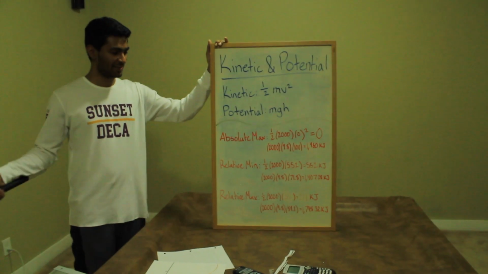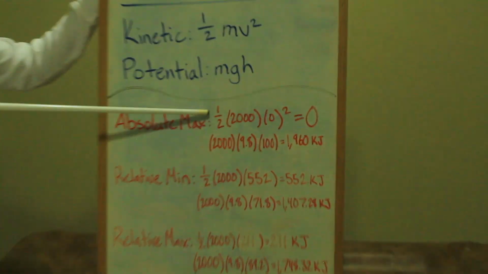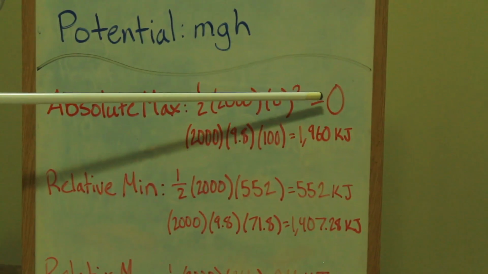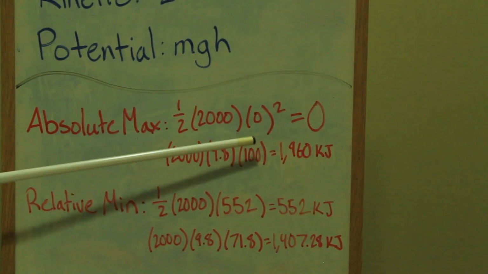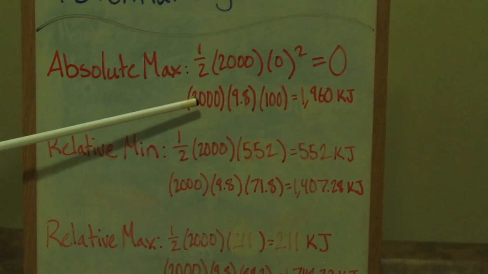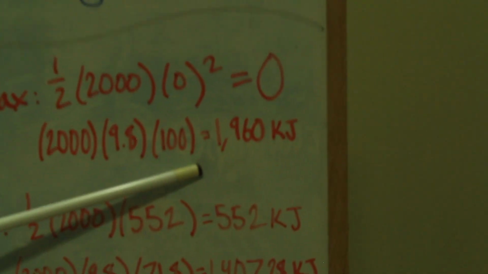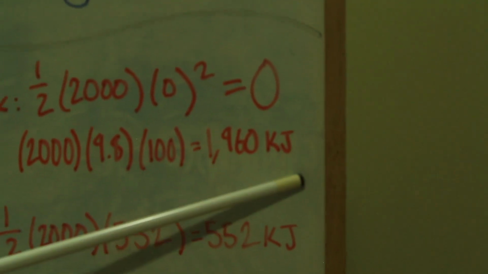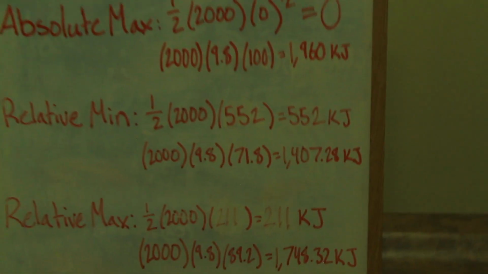Now let's look at the calculations. At the absolute maximum, the kinetic energy is 0 because the velocity is 0, canceling out the rest of the equation. The potential energy at height 100, which is the dependent variable, turns out to be 1,960 kilojoules.